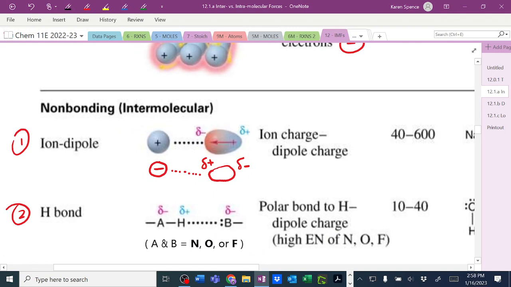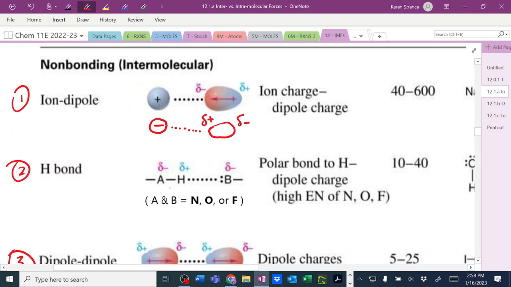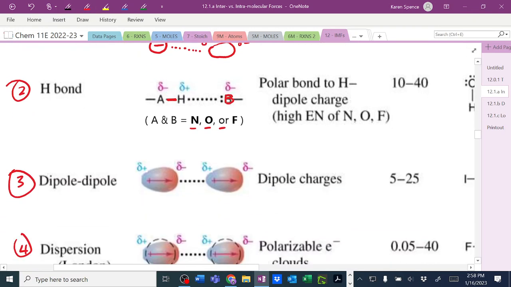And so we spend an entire section just talking about that. But basically the deal is that you have to have hydrogen bonded to N, O, or F by a covalent bond. And then we have to have an N, O, or F over here as well that has a lone pair on it. That sounds pretty complicated. Let's wait to talk about that until we've got focus on it, okay? So just be like, okay, it's still positive and negative, all right? Dipole, dipole, easy peasy. The negative end attracts the positive end.